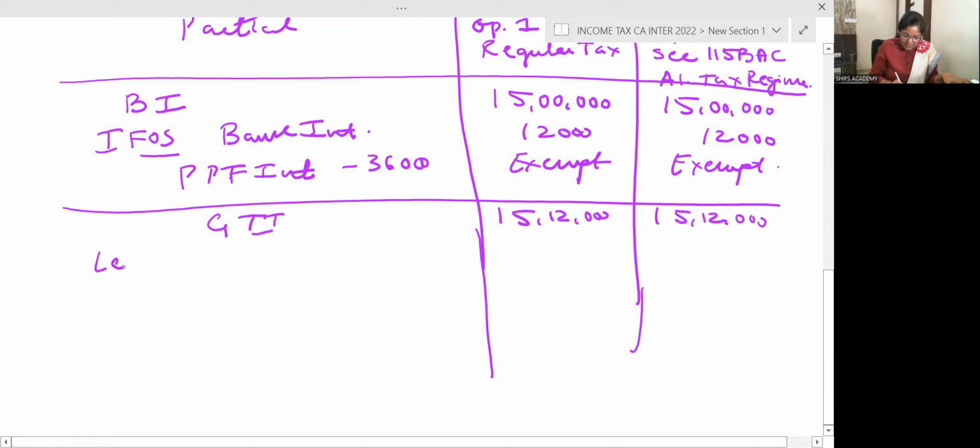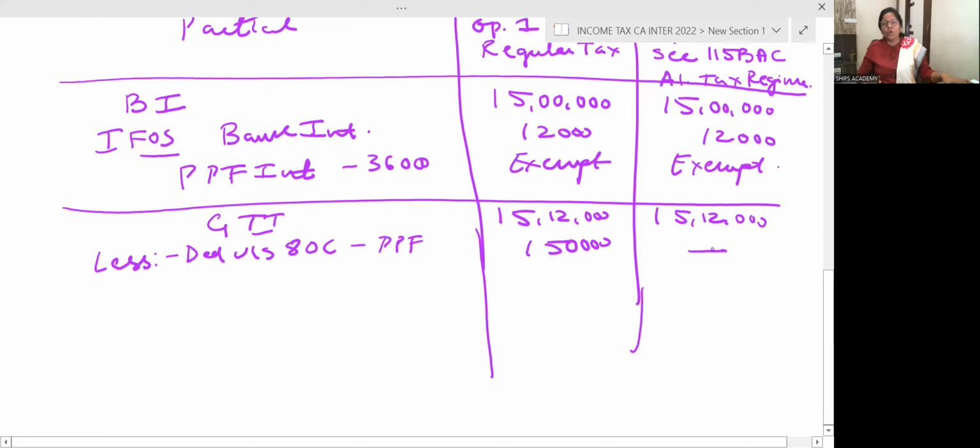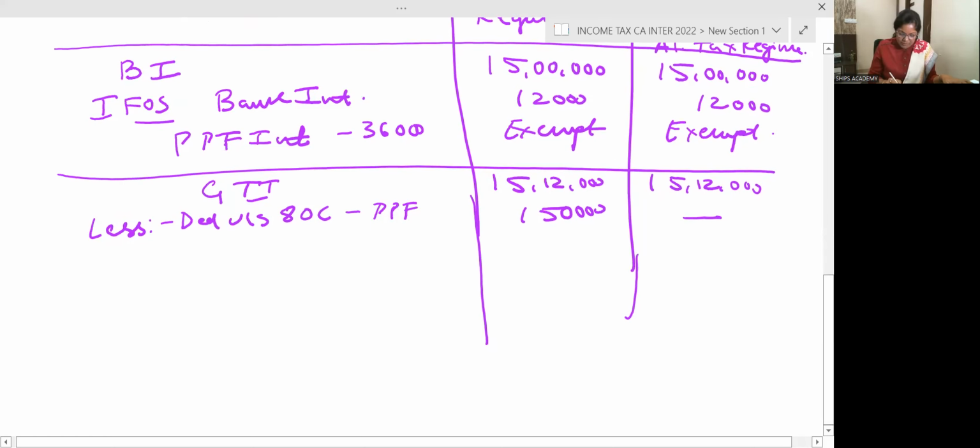15,12,000, less deduction under Chapter VI-A, and what comes under that? PPF. How much PPF deduction would you normally take? You have put 1,50,000 in PPF. Will you take it here? No, in the alternative tax regime only 2 deductions are allowed: 80CCD(2) and the other one, 80JJAA, the employee-related 30%.